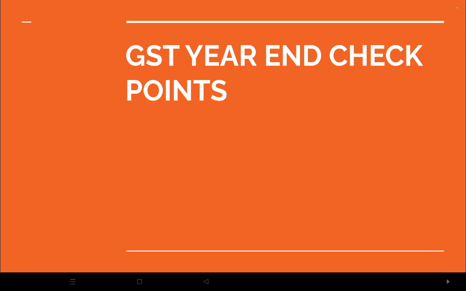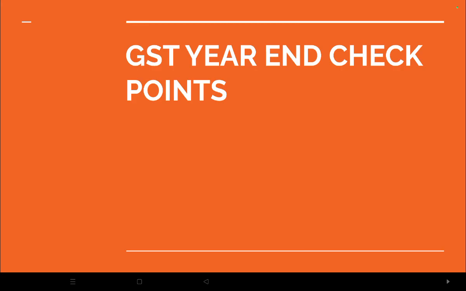Now we will see what are the important things for reconciliation for the financial year 23-24, which you have to take care of. First one is we have to match our outward supplies as per the books with the GST returns, books versus GSTR 1 versus 3B.